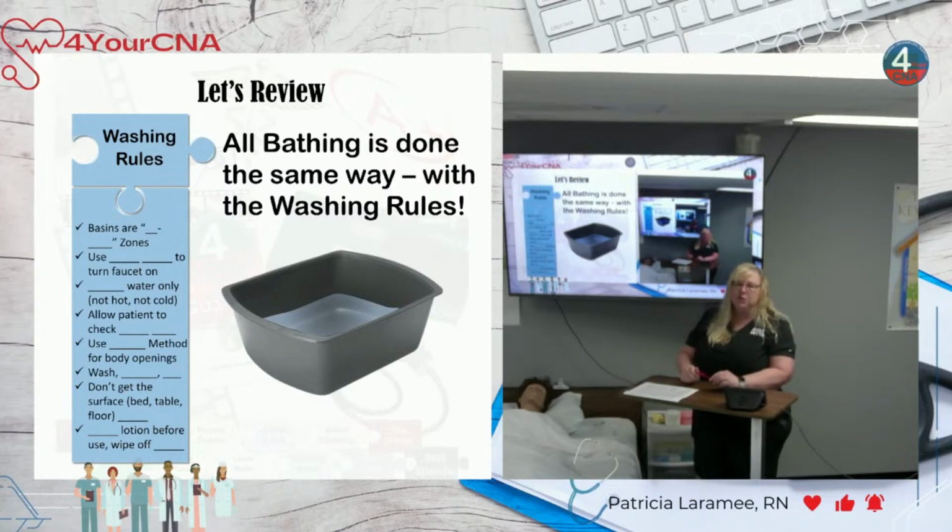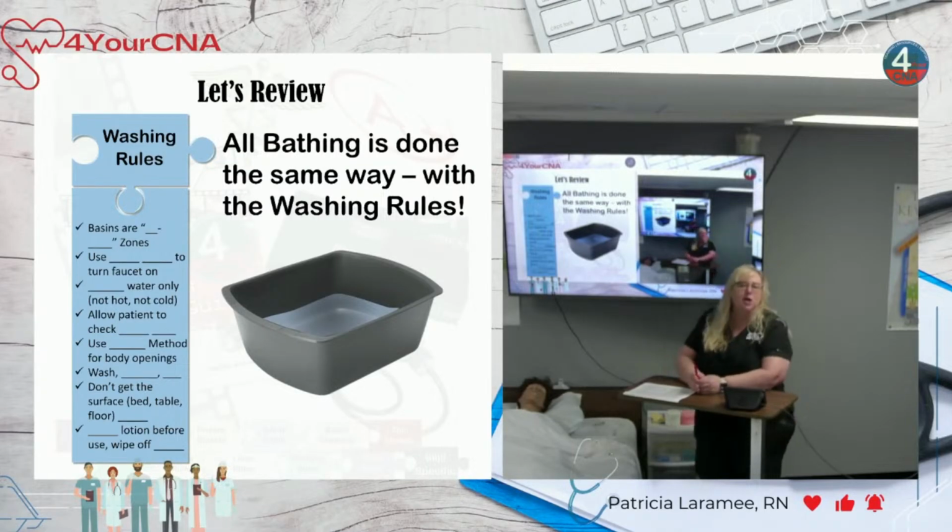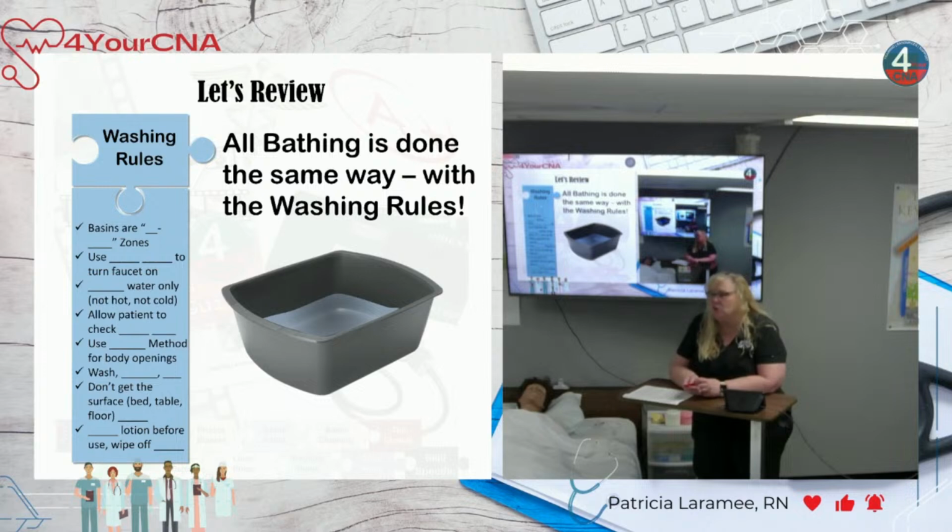But just because you think it's good, does that mean the patient's going to agree? No. So how do we know? Ask the patient. Ask the patient every time. All right. If we're going to wash any wet body openings like eyes, nose, mouth, genitals, rectal area, wounds, rashes, sores, or incisions, we need a special washing process that we learned last class.